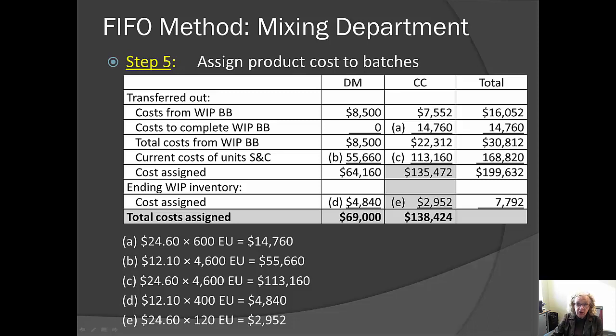Conversion costs in the units that got done plus conversion costs in the units that didn't get done must equal total conversion costs in step 3. Finally, the dollar value of the units that got done plus the dollar value of the units that didn't get done must equal our total cost from step 3, and it does.